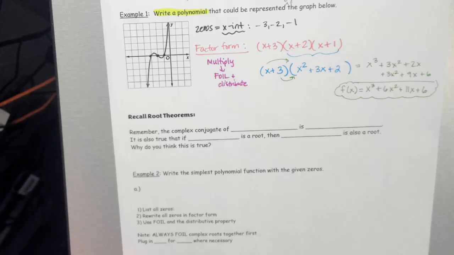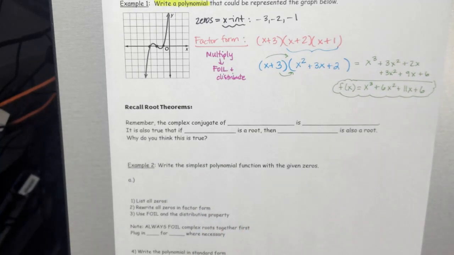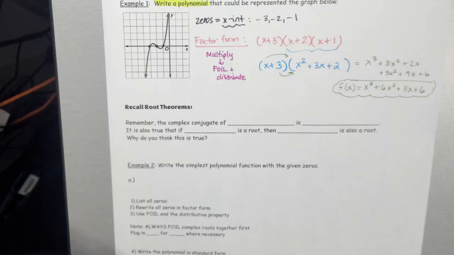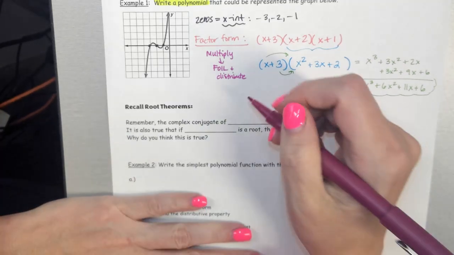Okay, so if you are given a graph, you can find your x-intercepts and then factor. Remember that the graph does not show you the imaginary values. So we are also going to create polynomials when you have imaginary roots. So yesterday we talked about how we have these complex conjugates.